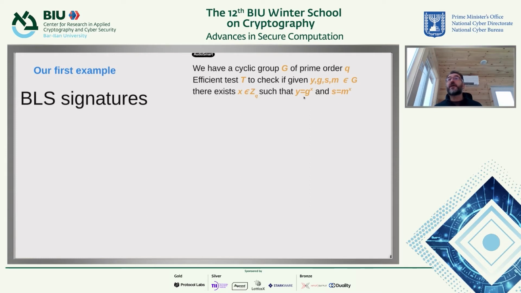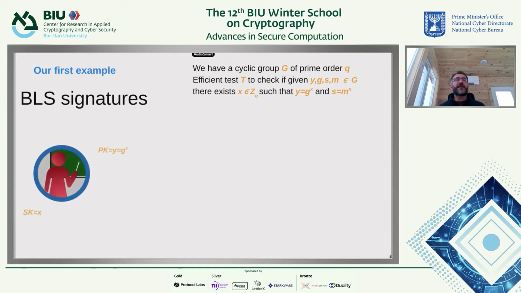So Y is g to the x, S is m to the x. In this particular group, we have an efficient test that determines if that's true or not. Normally this test is implemented with bilinear maps, but for the purpose of this talk, we don't particularly care. All we care is that this efficient test exists. These are called gap DDH groups, because the computational problem is hard: to compute S is hard, but to decide if S is correct is actually easy.